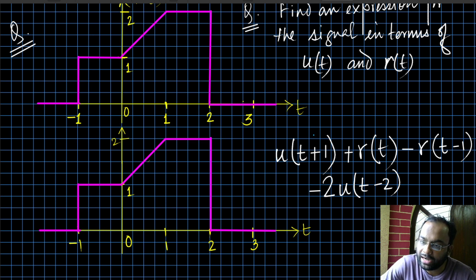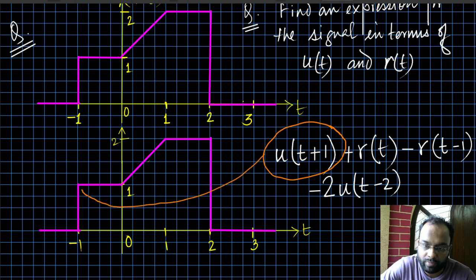So this signal appears at, for example, look at all the individual signals. So this signal appears at t equal to -1, right? So this would correspond to this point, right? So while figuring these things out, you have to figure out all the critical situations where things change, right?